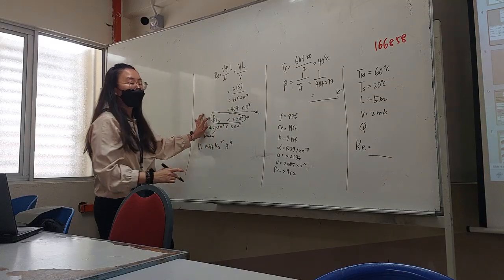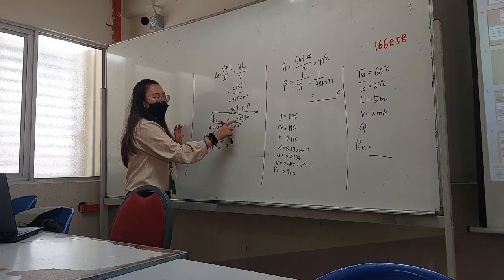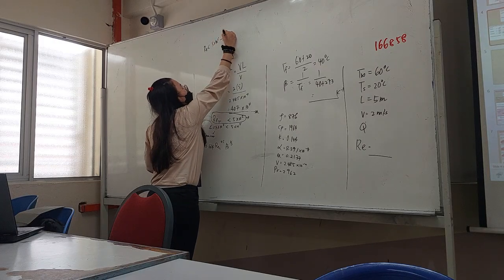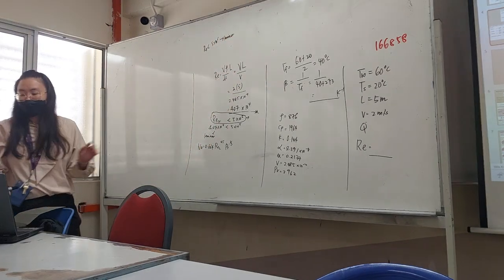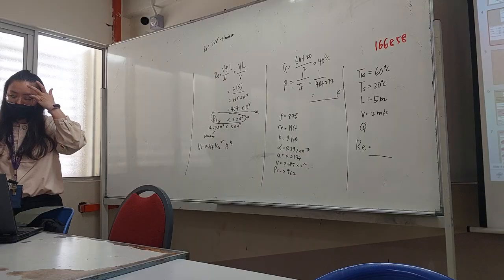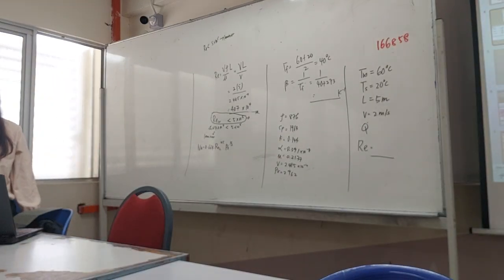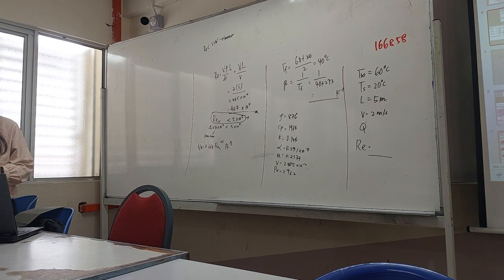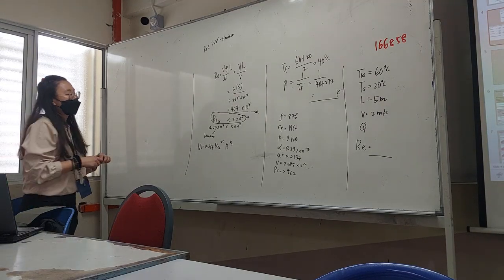It's a thin plate. The Reynolds number is lesser than the critical value, so it's laminar.